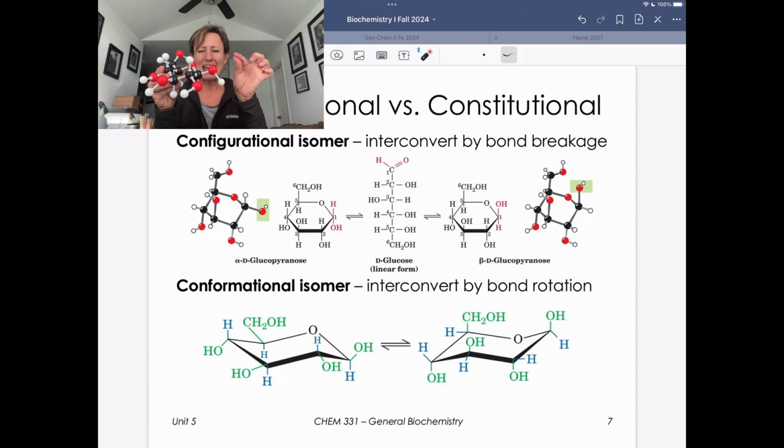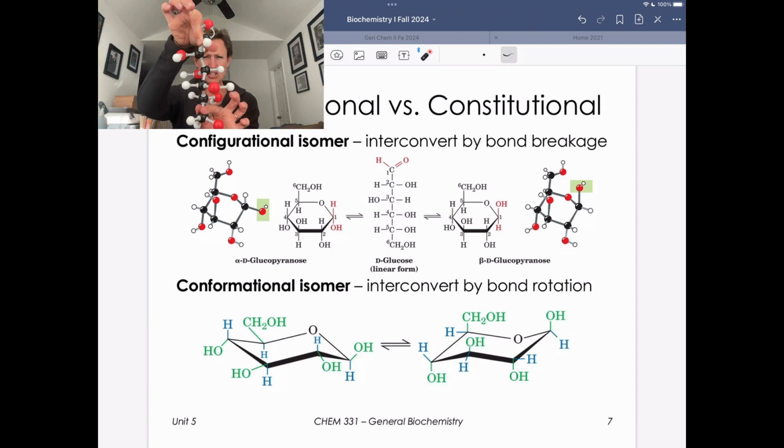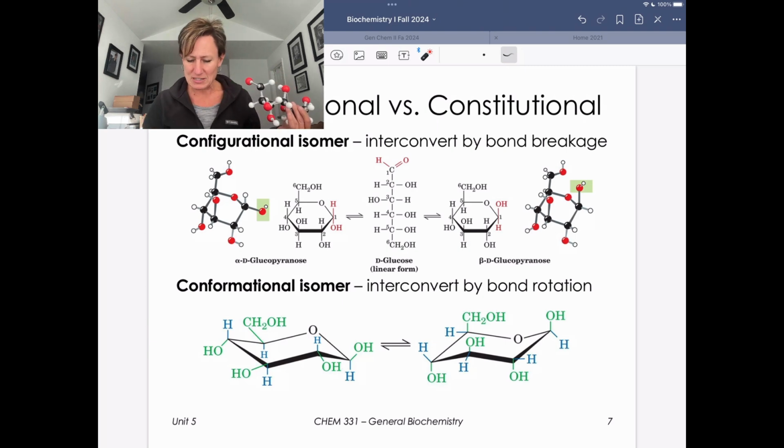If I wanted to make alpha D glucose, essentially I need to change the stereochemistry at my anomeric carbon, which means I'd be switching these two. I cannot do it without breaking a bond. I'd actually have to break my modeling kit. But importantly, if I wanted to do it from my linear open chain glucose form, it just would mean that I need to attack from the opposite face.